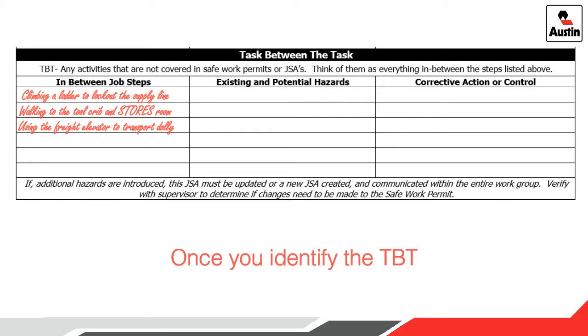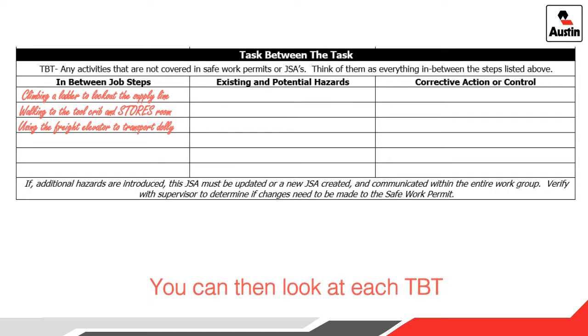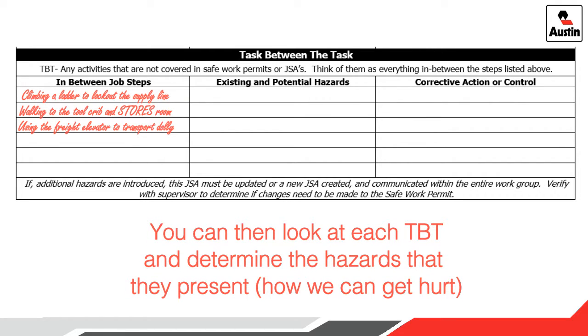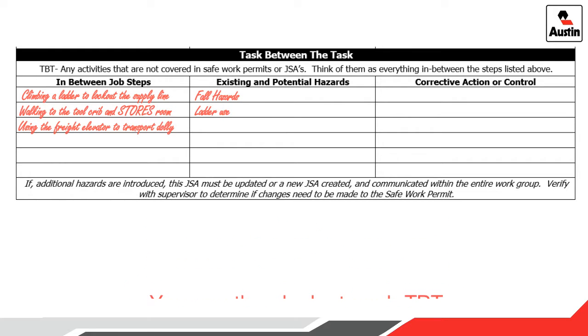Once you have identified what tasks are involved in your work, you can then look at each task and determine what hazards are involved. For example, we identified climbing the ladder as a task of this job. Our hazard will be using the ladder and fall hazards.